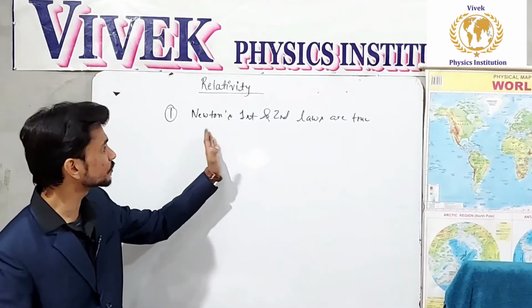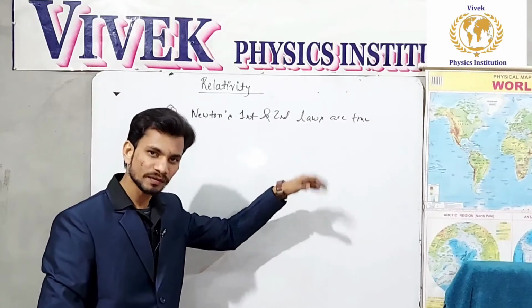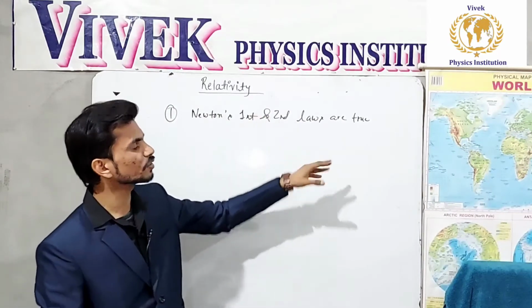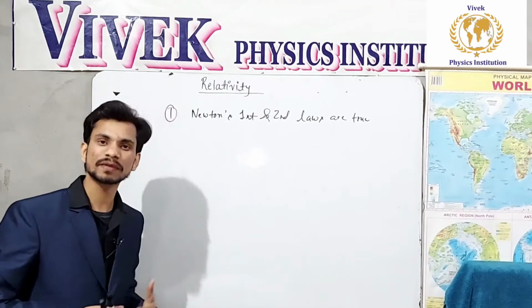We will prove that Newton's first and second laws are true. After some time we will prove that Newton's first and second laws are true in inertial frames of reference.